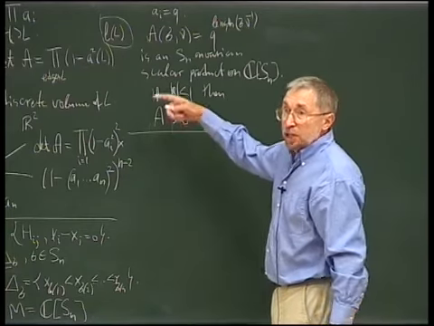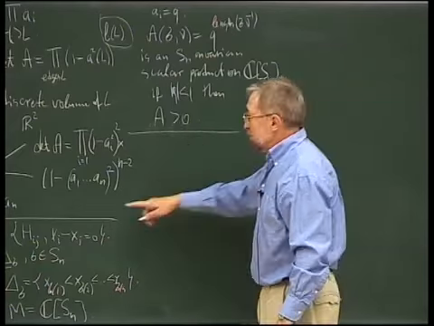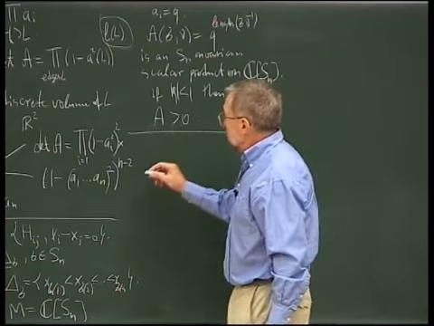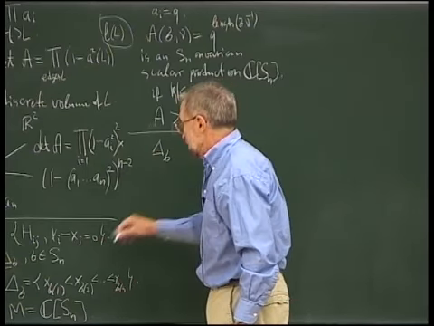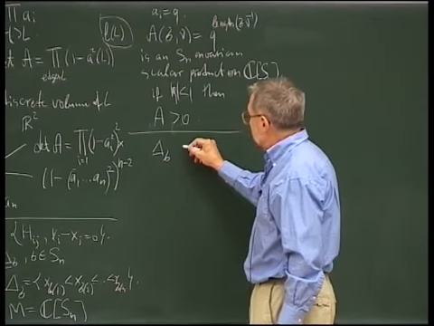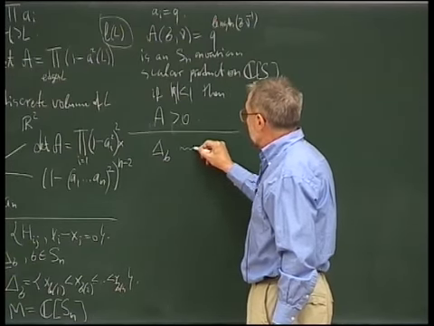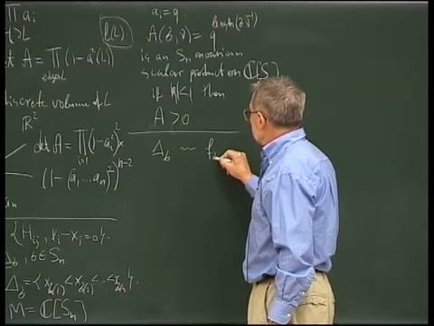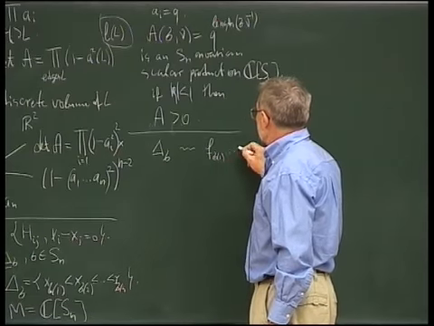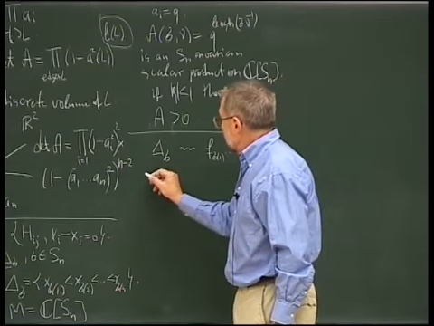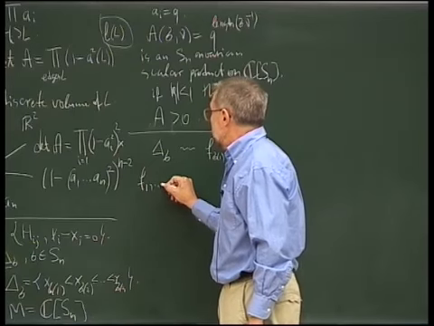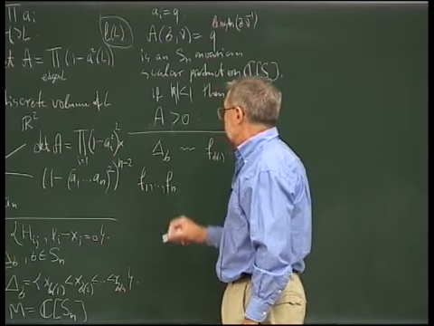Another interpretation of this arrangement is the following. Instead of delta sigma, you may interpret this delta sigma in the following form. You write instead of it f sigma 1, f sigma n. So what you have? You have non-commutative variables f1, fn.